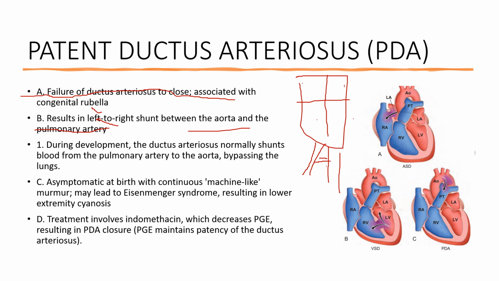It is asymptomatic at birth with a continuous machine-like murmur. Yeah, this is also very high yield. When we auscultate the heart, we find the machine-like murmur. Okay guys, the PDA. Now the treatment involves indomethacin, which decreases PGE, which keeps the PDA open.